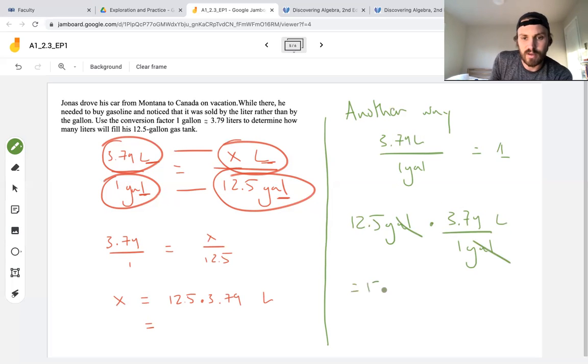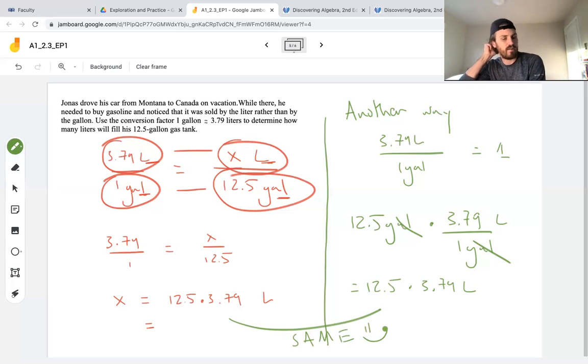So it should just be 12.5 times 3.79 liters. Either way, I get the same thing. So that's dimensional analysis on the right in green, and a proportion on the left in red.